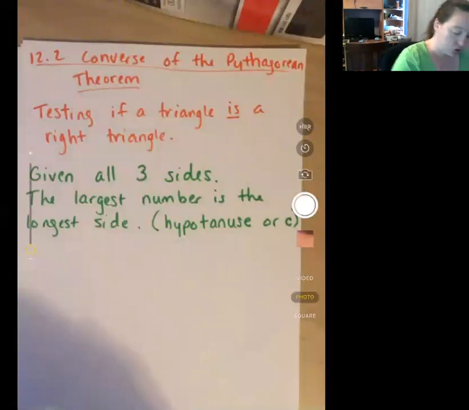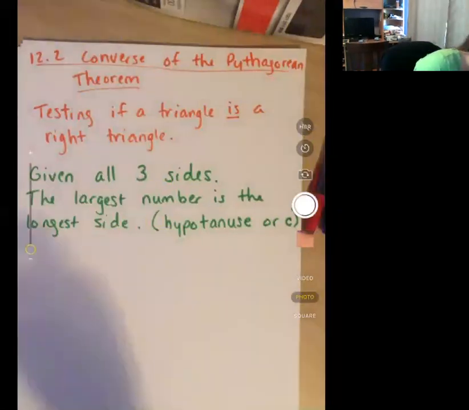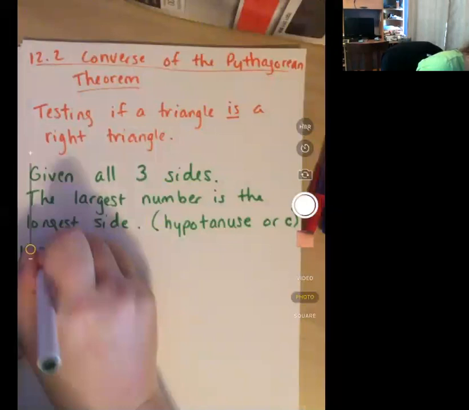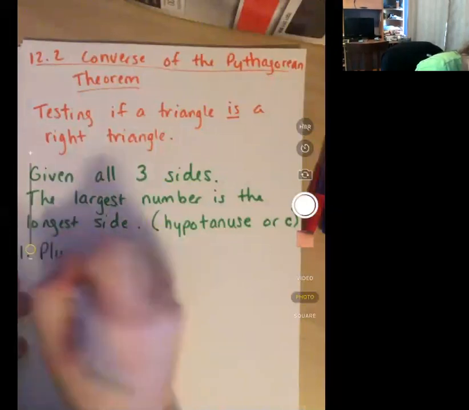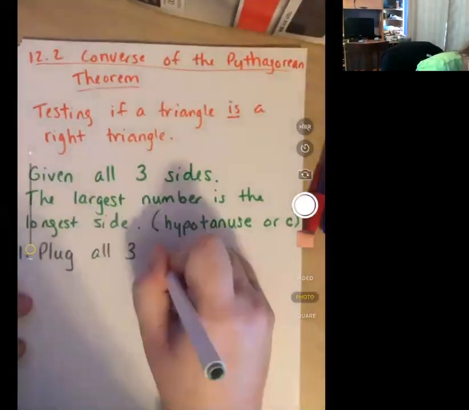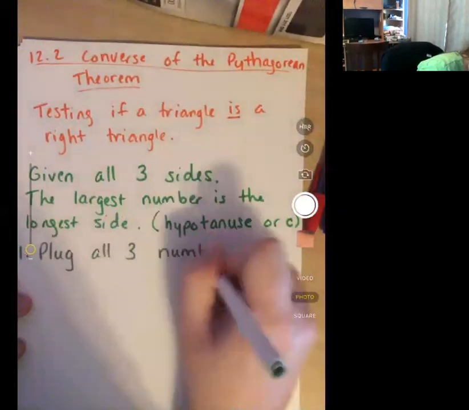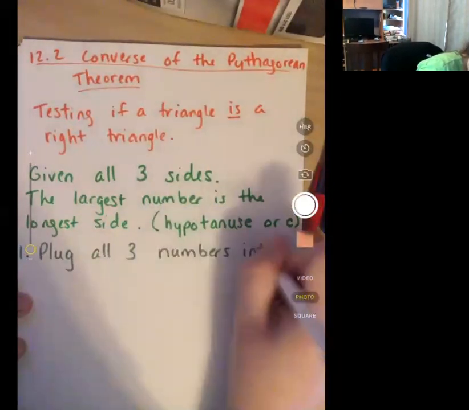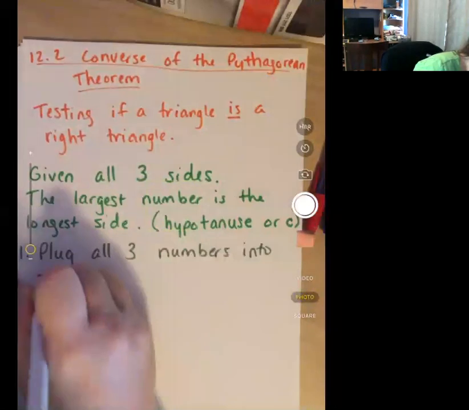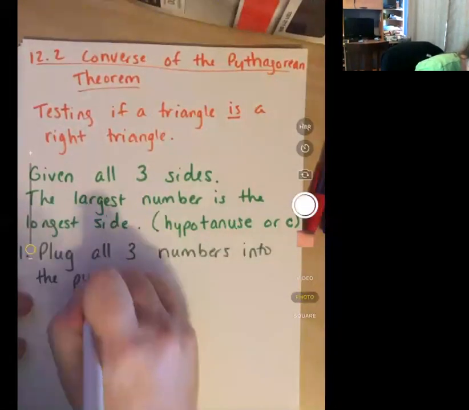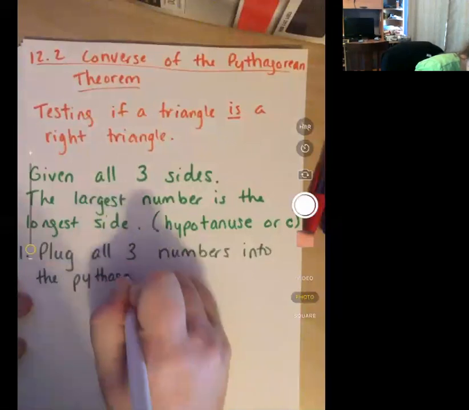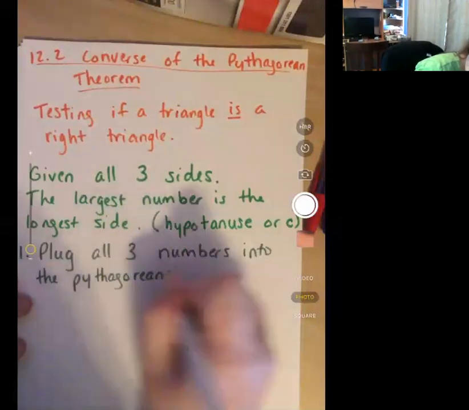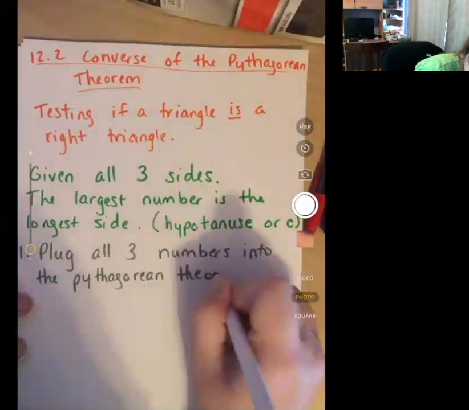So the first thing that you do is you plug all three numbers into the Pythagorean theorem equation.